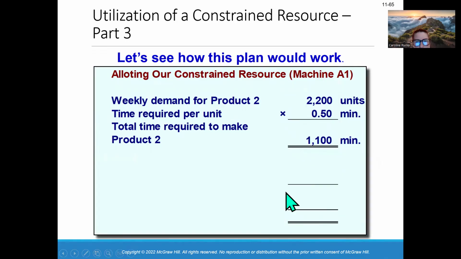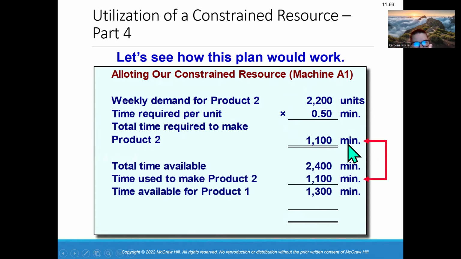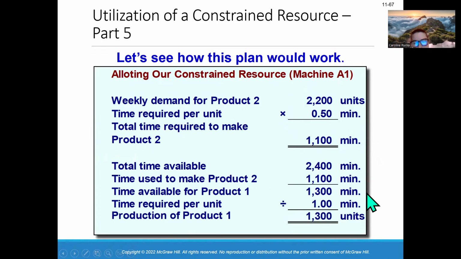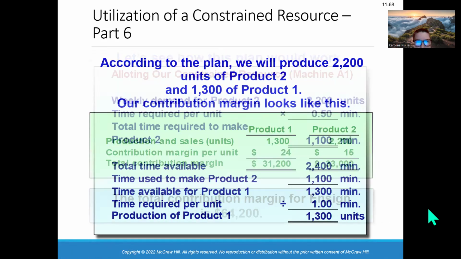Okay, so they fulfill the demand for product two, 2,200 units. At half a minute per unit, that's 1,100 minutes. All right. Then total capacity on the machine is 2,400. So if you subtract what we need to make product two, we have another 1,300 minutes to make some product one. We can make 1,300 units of that to maximize our profits. Okay.